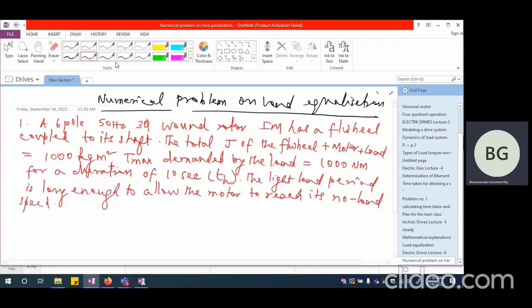So we are also assuming that the light load is equivalent to 0 Newton meter. There is hardly any torque required during that duration.